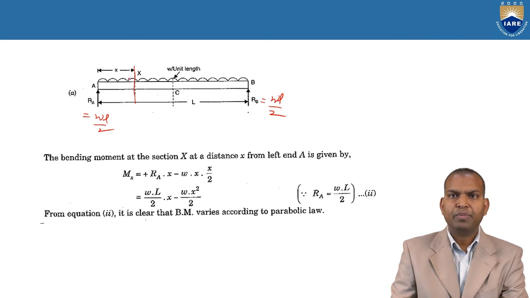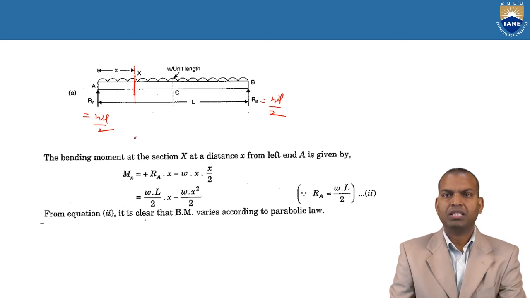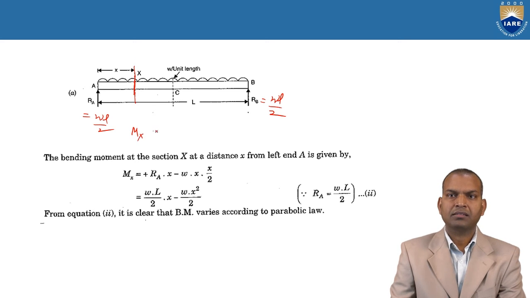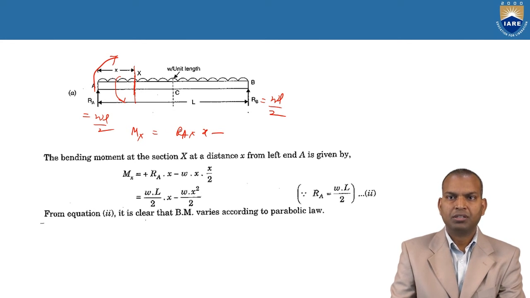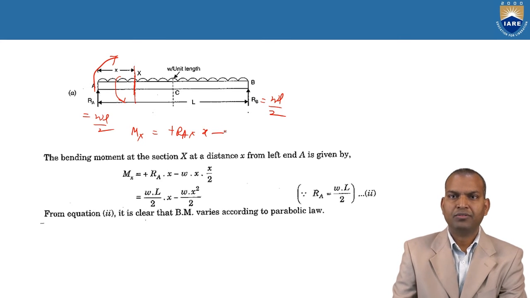So what is the bending moment at section x, that is Mx? That means RA, the reaction at A, into x distance, minus. Why does it become minus? This load is acting downwards. This moment is in the upward direction, upward is positive: RA into x minus, what is that UDL? We have to know it.